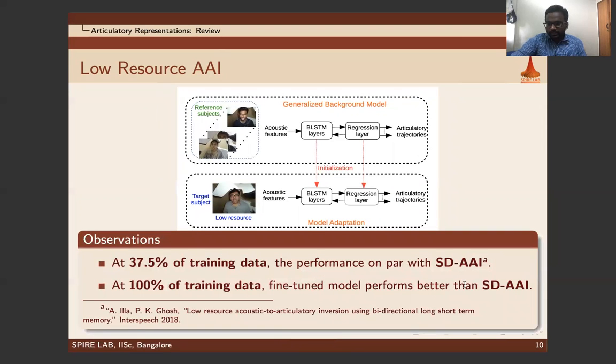Experiments revealed that at 37.5% of training data from target subjects, the performance of fine-tuned model is on par with the speaker-dependent AAI model. And at 100% of training data, fine-tuned model performs better than the speaker-dependent AAI model.